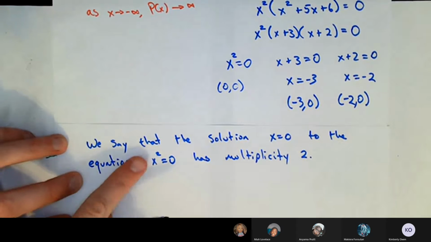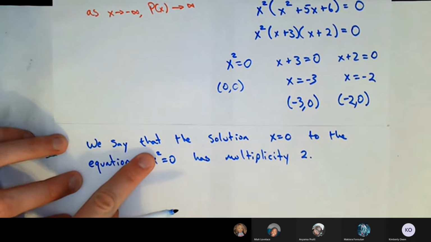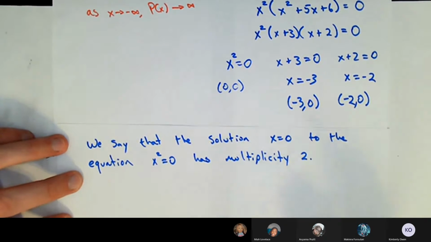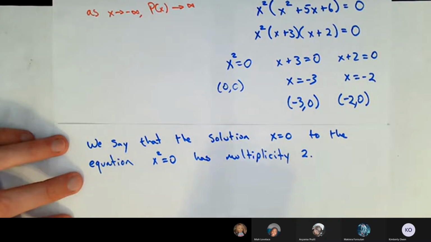And the multiplicity 2 is coming from that exponent up here. Okay. What does this mean for the x-intercept? So this is just the solution to the equation. We say the solution x equals 0 has multiplicity 2, but what does this mean for the x-intercepts?